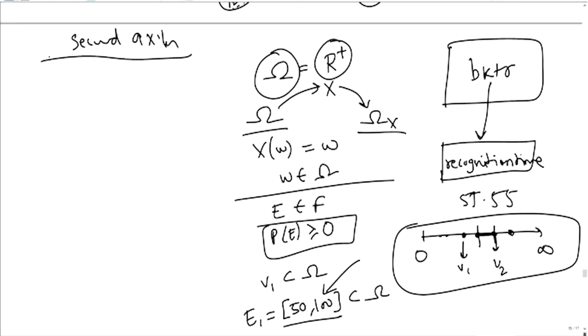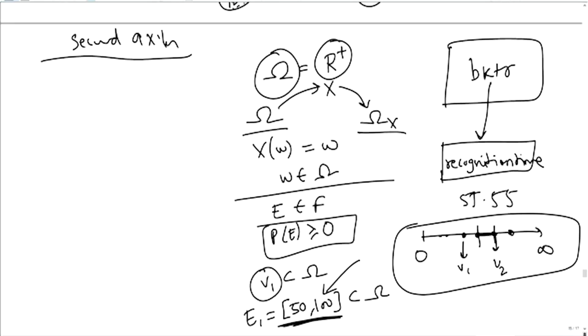Now let us think of the second axiom. The second axiom says that at least one of the elementary events must occur. What are the elementary events here? Is this interval an elementary event? No, it contains infinite values between 50 and 100. It's not an elementary event. Is V1 an elementary event? V1 is a point on this line. Yes, V1 is an elementary event.